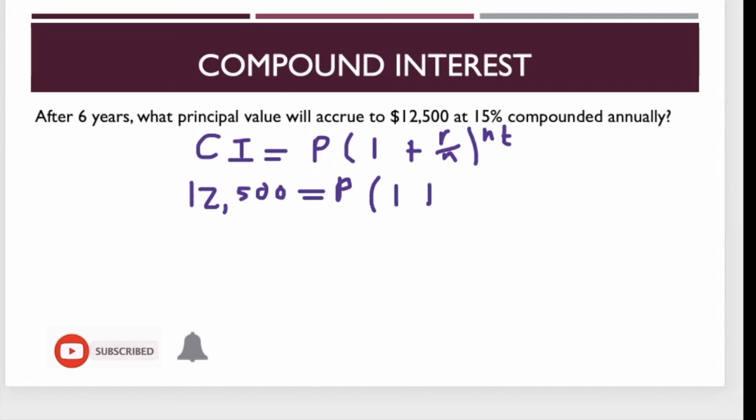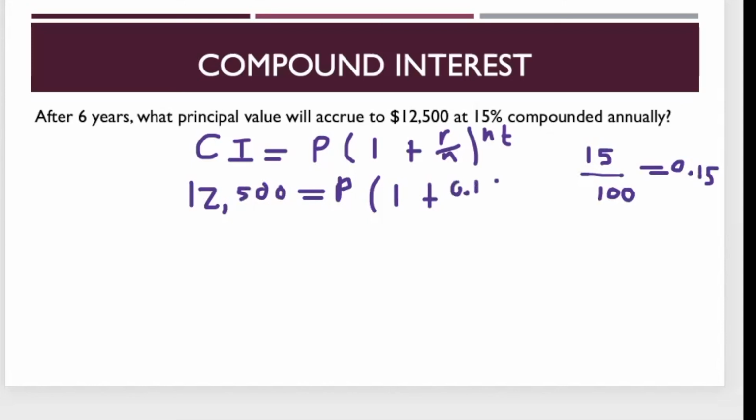And then we have 1 plus what is R? R is 15%, but I need to convert 15% to decimal. So I divide it by 100. So R is 0.15. So replace here with 0.15. And then N, what is N? N is annually, so N is equal to 1.